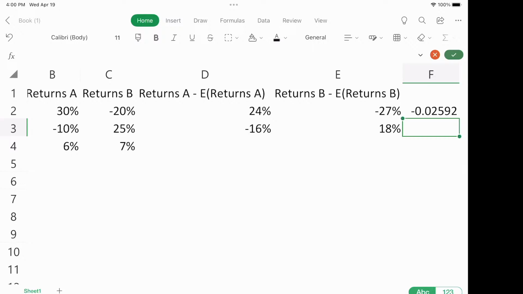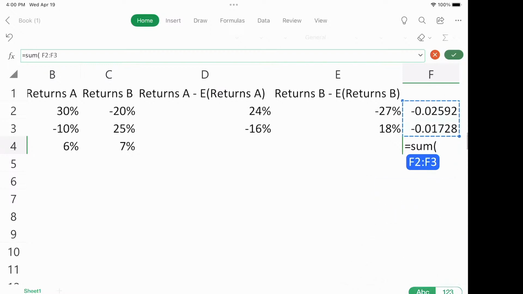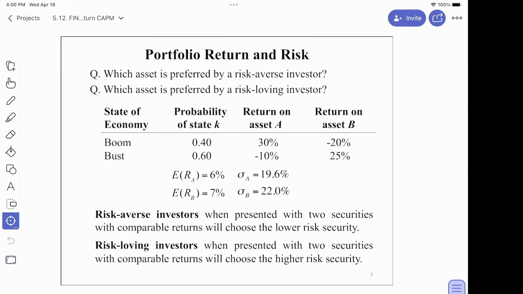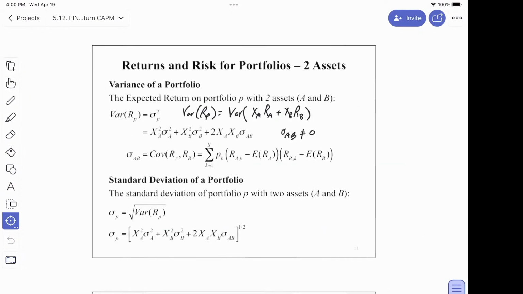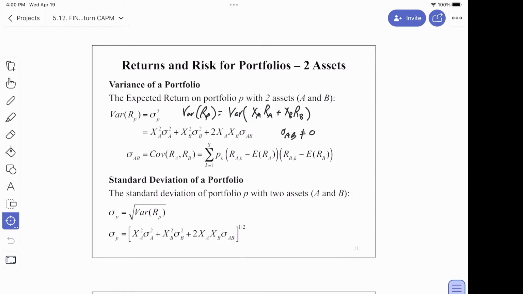Then I copy that down, and then I sum them, and this should be my answer. I'm just following along the formula you should practice. I hope I got the number. Let me see. Yes, I got it.